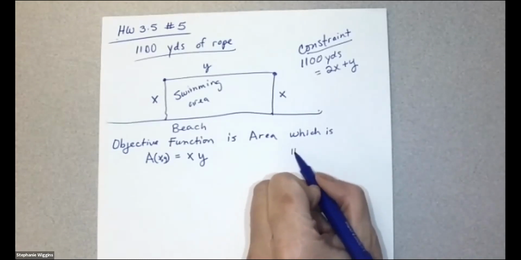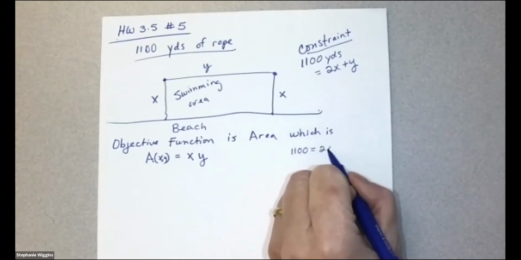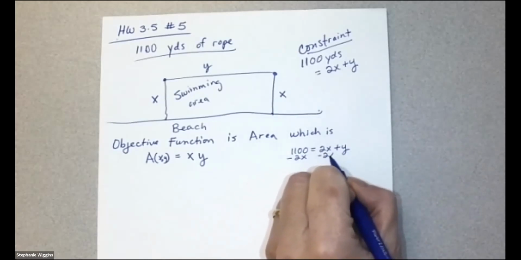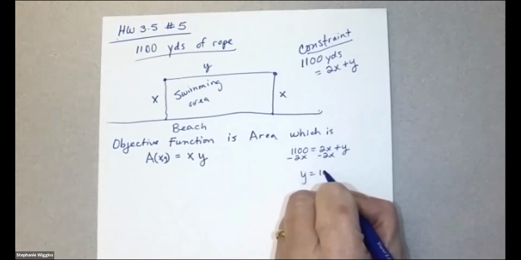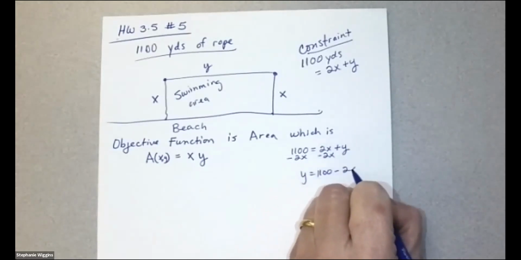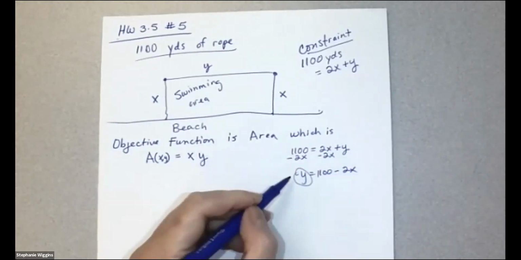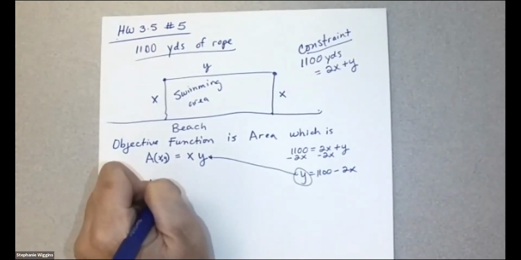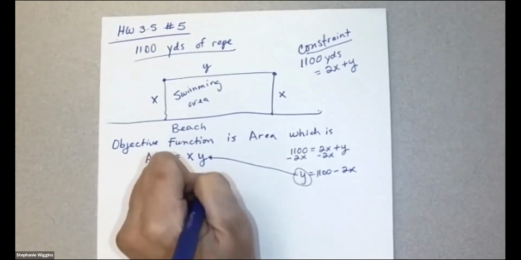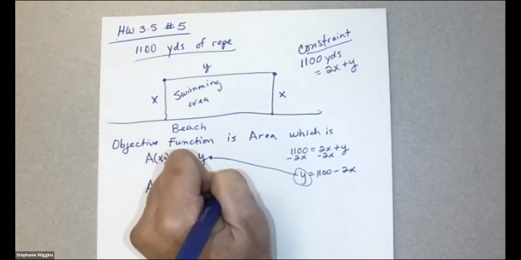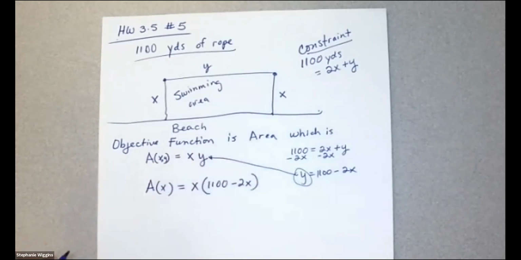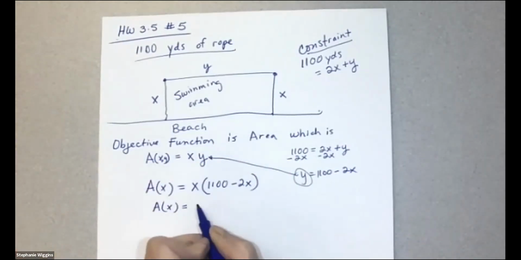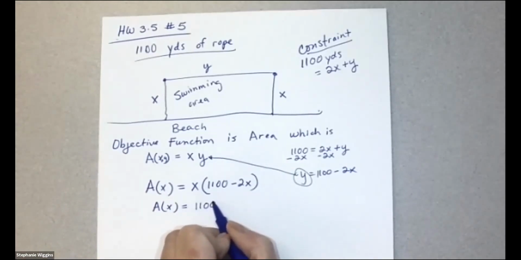So if 1100 is equal to 2x plus y, and I subtract 2x from both sides, I'm going to get y is 1100 minus 2x. So I'm going to take this and replace this y here. So now my function is a function of x alone. And so A of x is going to be 1100x.